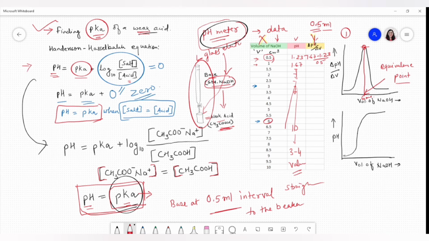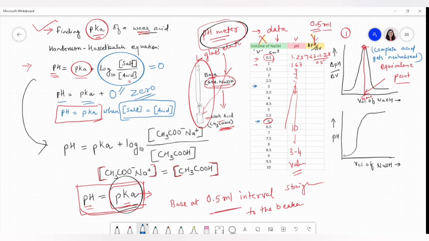Equivalence point is the one where complete acid is neutralized. So equivalence point is nothing but where complete acid gets neutralized. This is a very important concept.